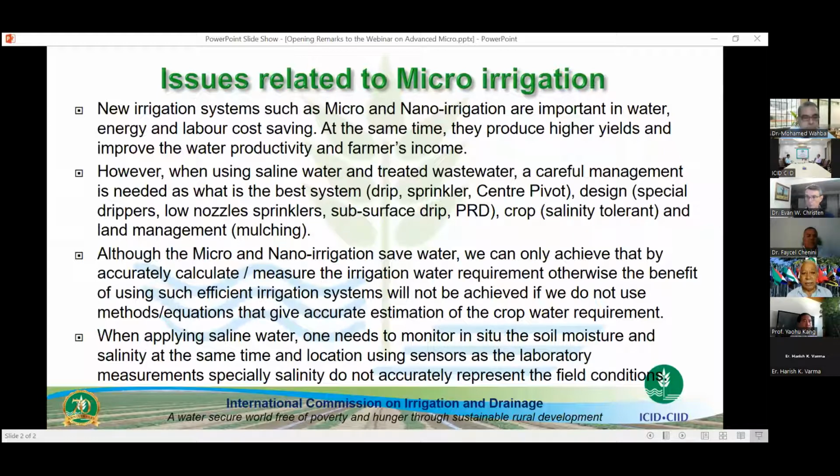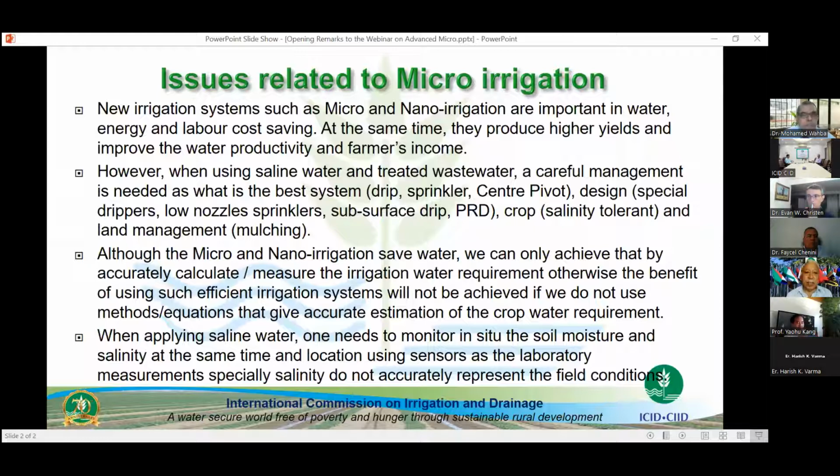However, when using saline water and treated wastewater, careful management is needed. What is the best system to use for such poor quality water: drip, sprinkler or center pivot? And what sort of design is suitable? Should we use special drippers to cope with the salinity issue or the bacterial issue of treated wastewater?